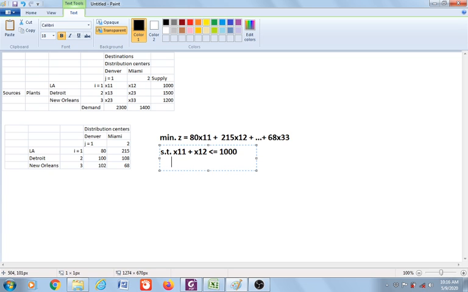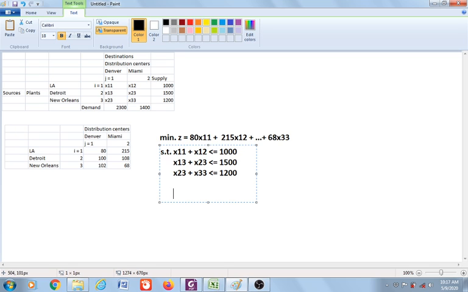The number of cars that we send from the source cannot be more than the capacity of the source. So x13 plus x23 must be less than or equal to 1500, and x23 plus x33 must be less than or equal to 1200.